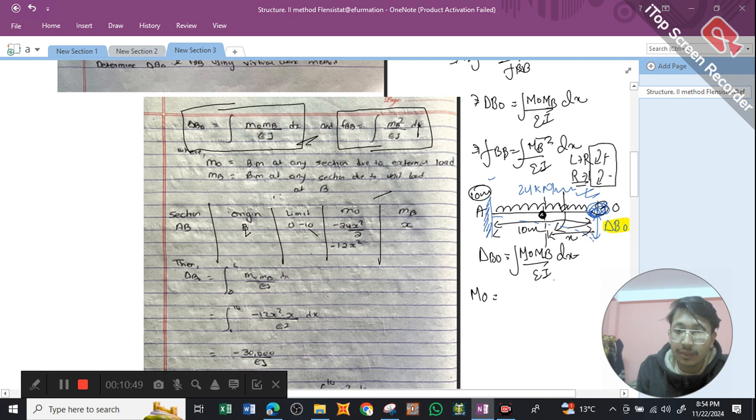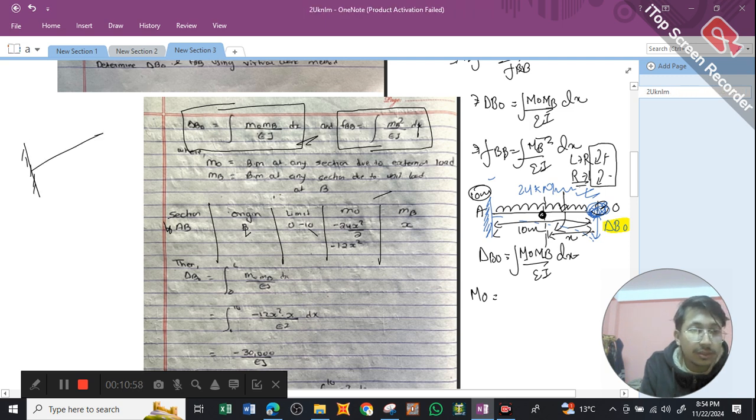While moving from right to left, let me draw it over here. So this is my structure. This is point A, this is point B, and I'm taking a bending moment at point X, and 24 kilonewton meter is acting downward.